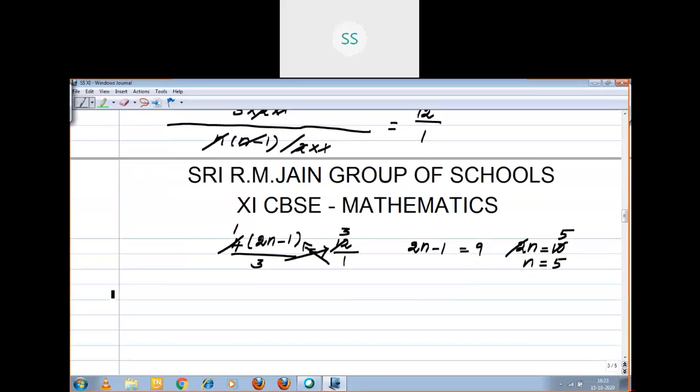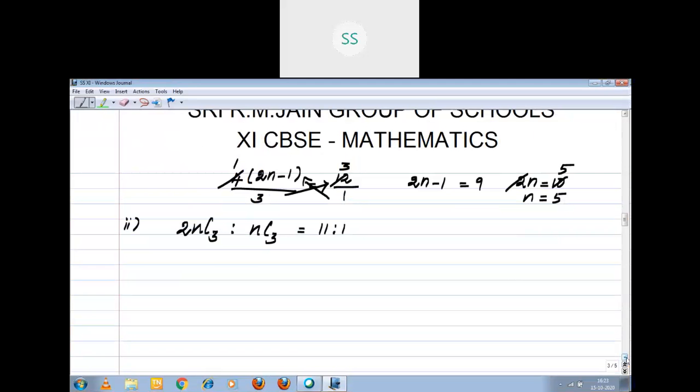What is given? The second subdivision is 2nC3 is to nC3 equal to 11 is to 1. The same. Based on your r, you have to expand the terms. 3 is there, no? So you have to write only 3 terms in the numerator.